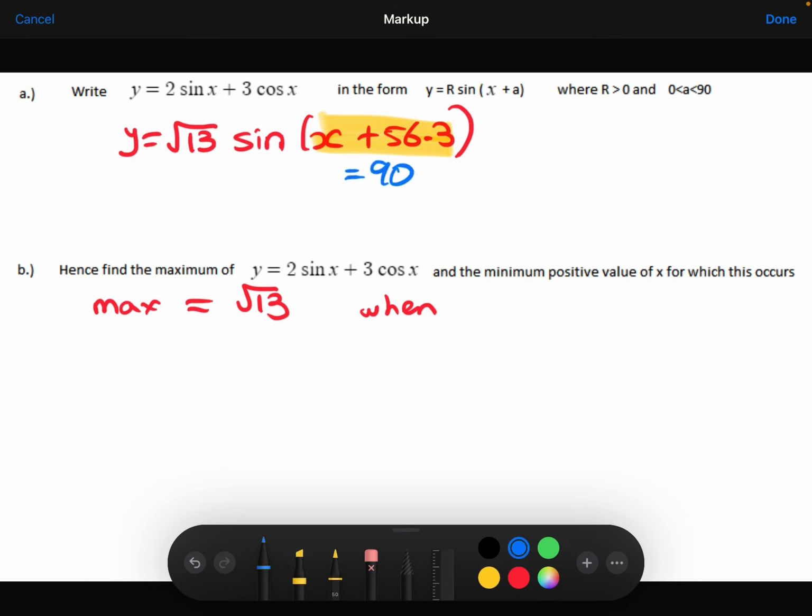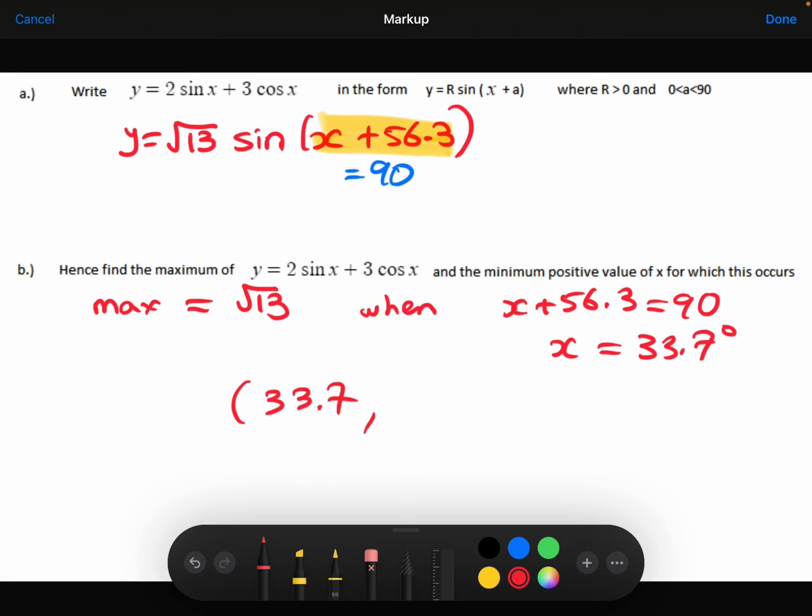A sine graph is a maximum when we do sine 90. So x plus 56.3 has to equal 90 degrees. Therefore, x will be 33.7 degrees. So my coordinate of the maximum point of this graph is 33.7 as the x coordinate and root 13 as the y coordinate.